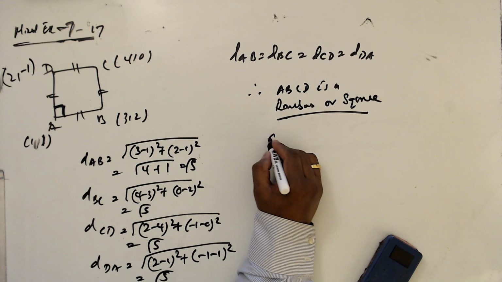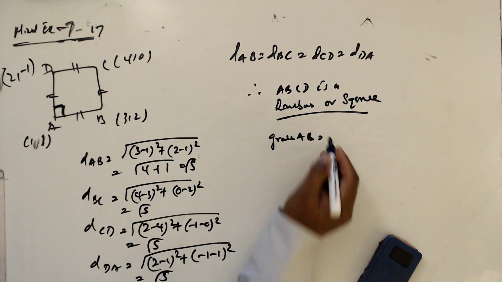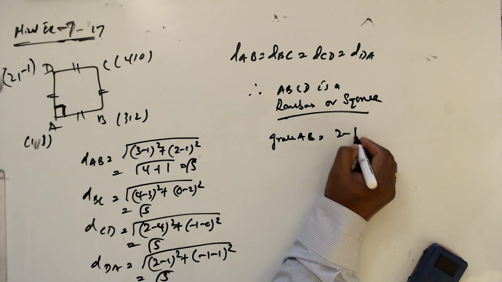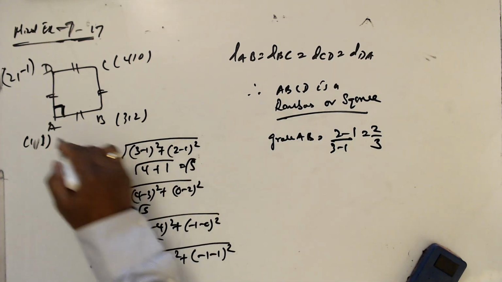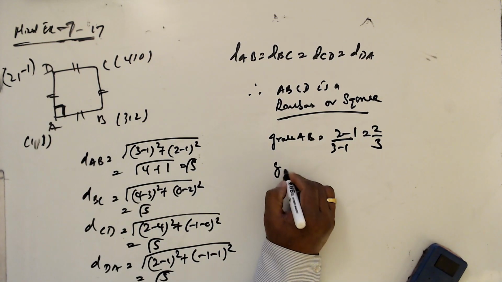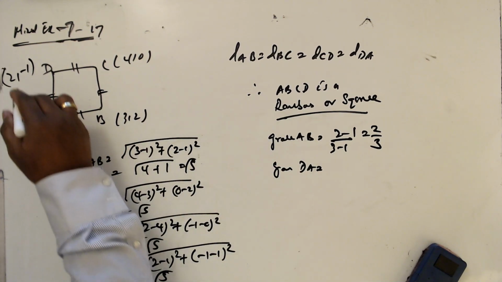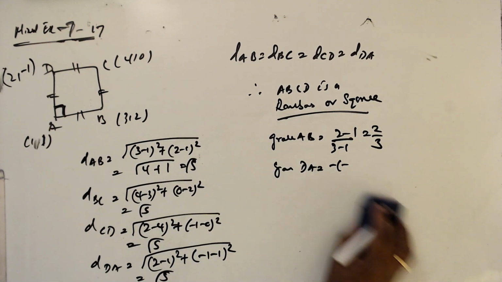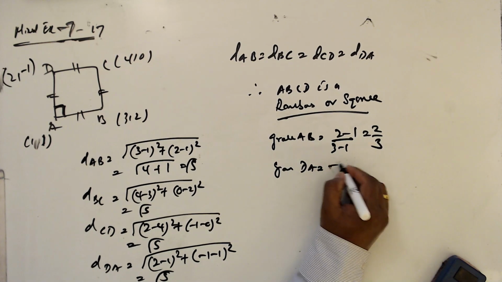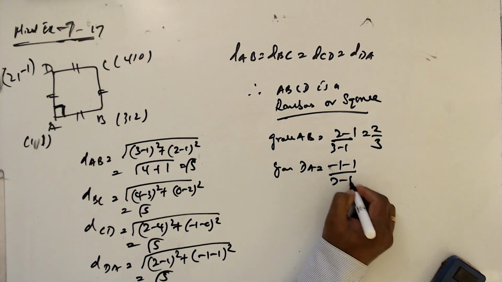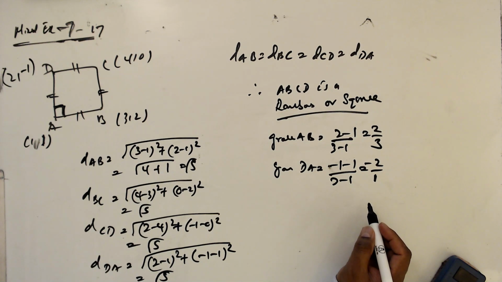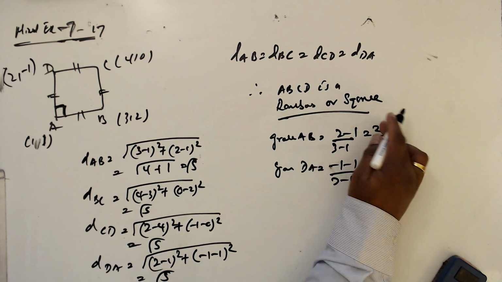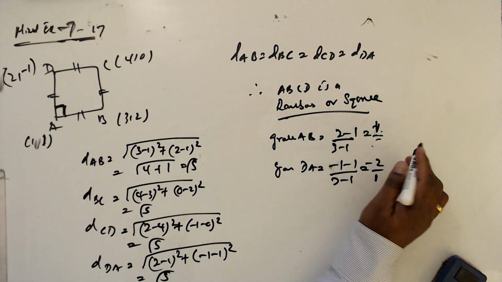So I will consider the gradients. Gradient AB is (2 minus 1) over (3 minus 1), that is 1 over 2. Gradient DA is (y1 minus y2), minus 1 minus 1, over 2 minus 1. Sorry, 2 minus 1 is 1, and minus 1 minus 1 is minus 2.